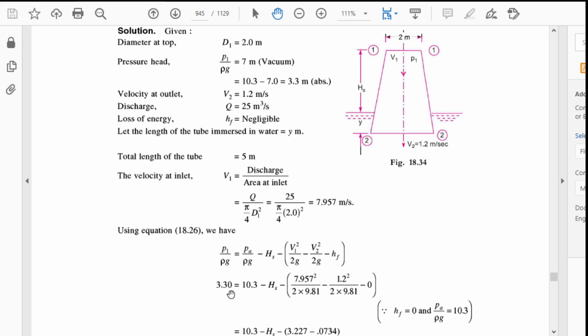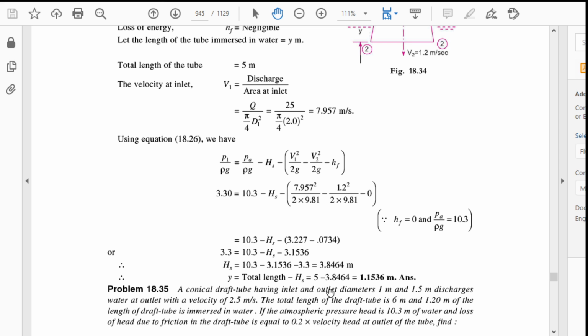Okay, P1 upon rho g we have found out 3.3. Pressure head as atmospheric pressure head they have given us 10.3 minus HS we have to find out, V1 V2 they have given. Simply we can solve it. So the simple mathematical calculation you can find out HS as 3.8464. Okay, so this is your HS.